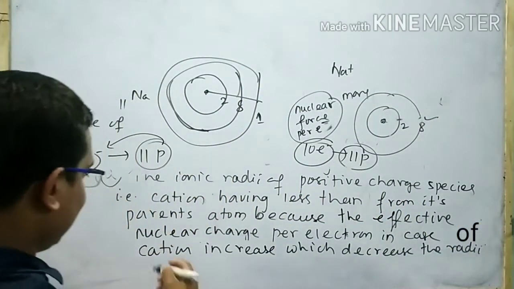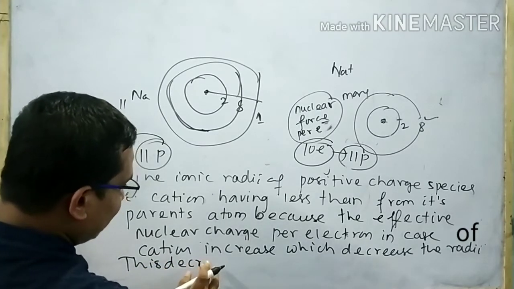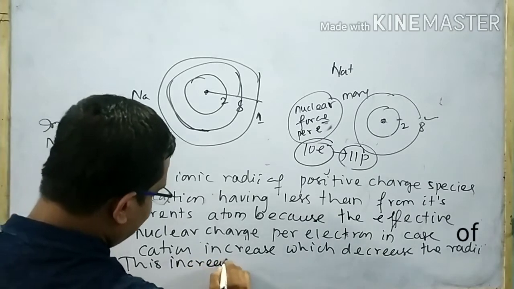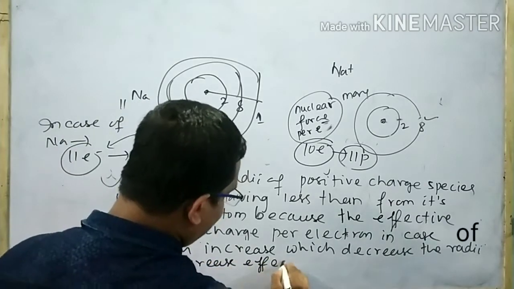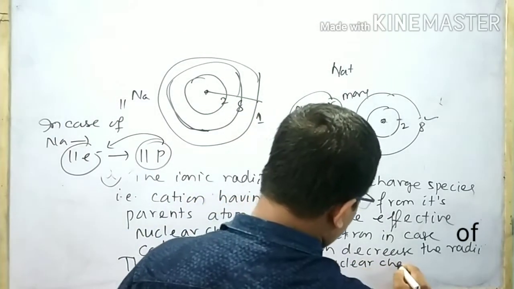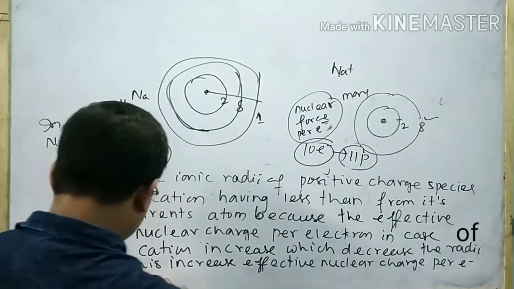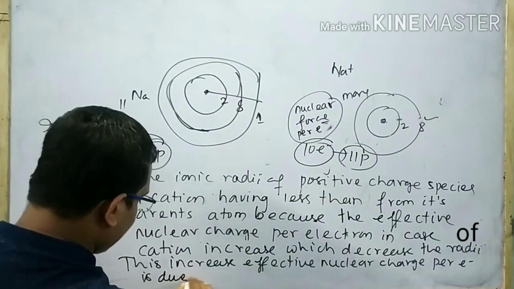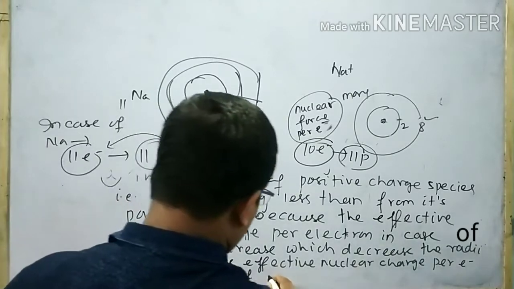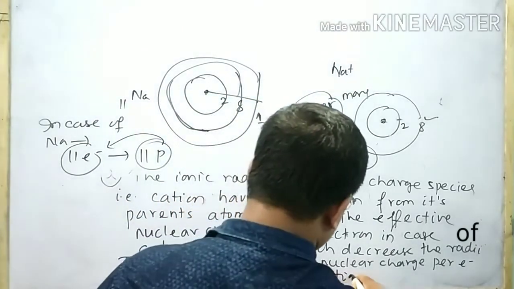This increase in effective nuclear charge for electron is due to loss of electron in the cation.